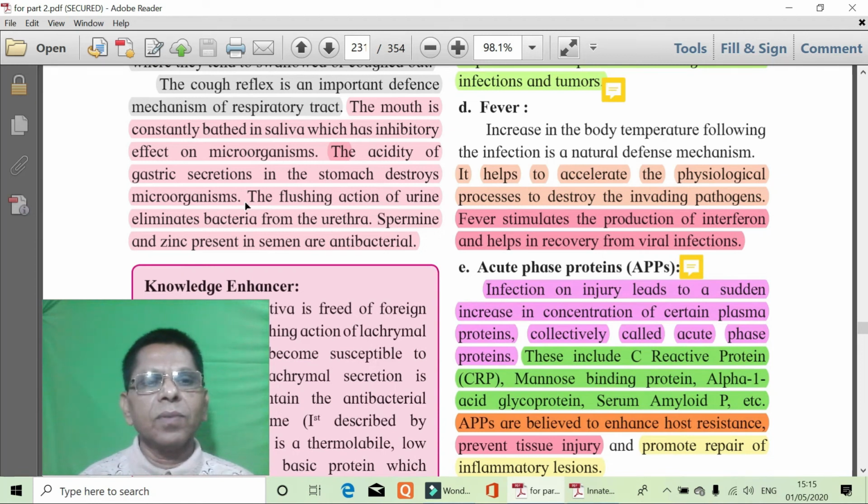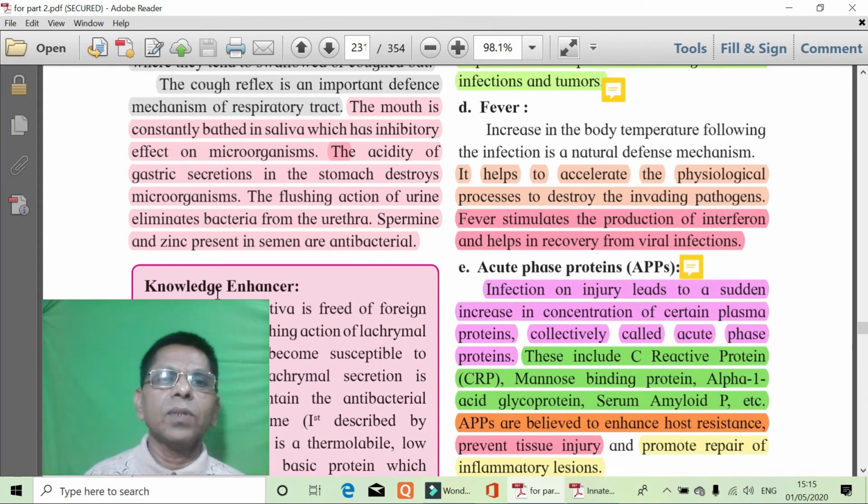Then the chief cells secrete pepsinogen and the mucous cells secrete mucus. Then the D cells of the gastric gland secrete somatostatin and the G cells of the gastric gland secrete gastrin. We have already studied this during the 11th standard. Now this acidity of the gastric secretion in the stomach destroys all the microorganisms.